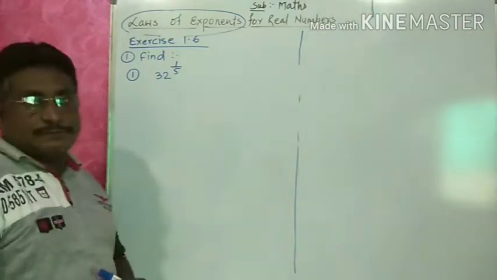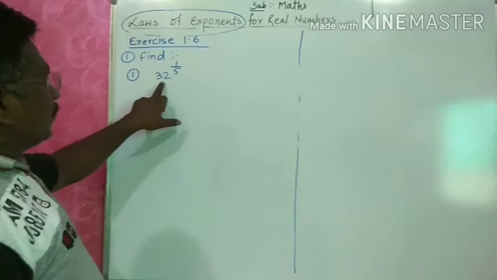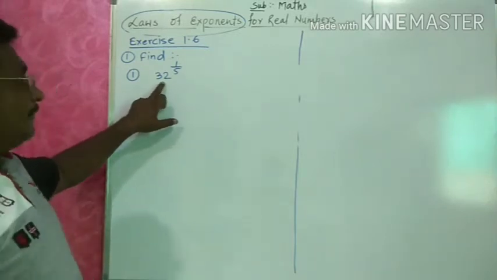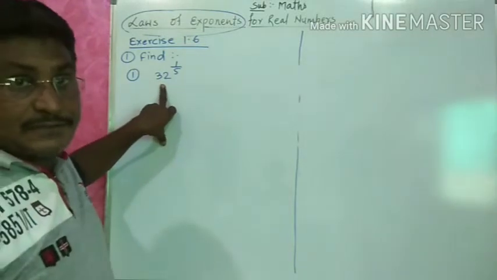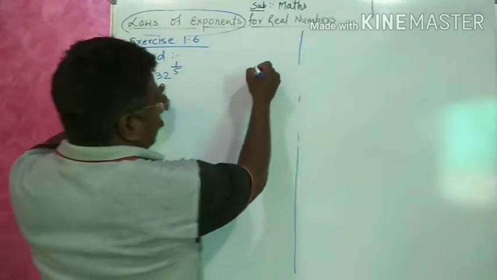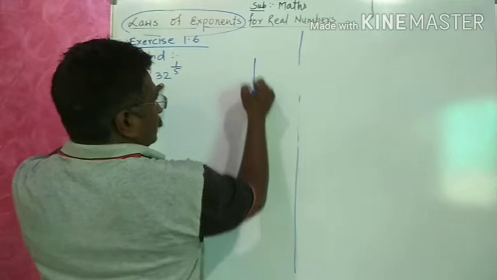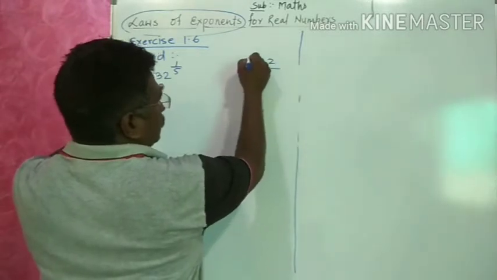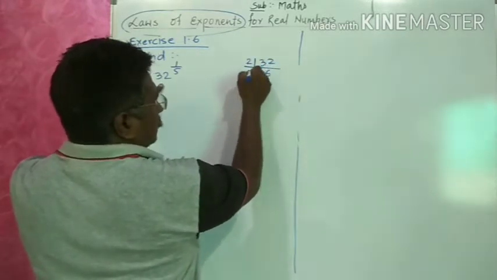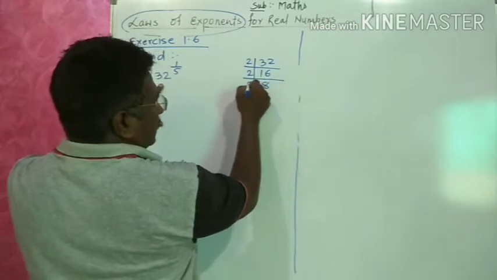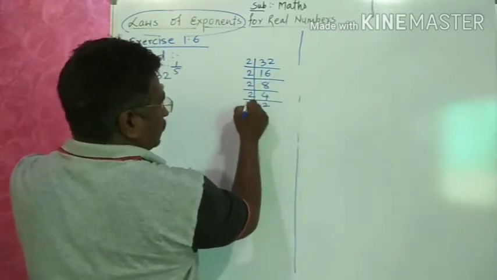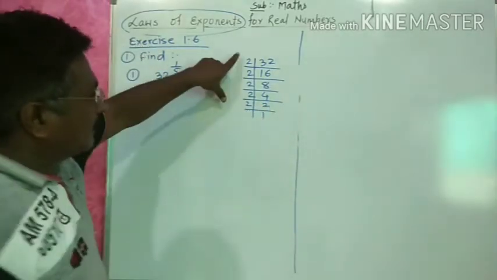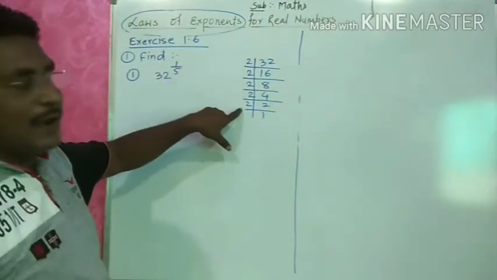How to solve this? Factors of 32, prime factors, not any other factors. See, 32: 2 16s are, 2 8s are, 2 4s are, 2 2s are, 2 1s are. How many times did 2 come? 5 times.